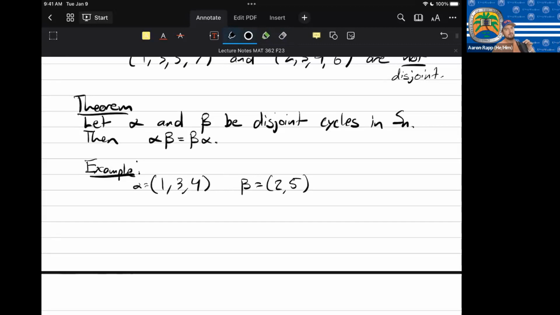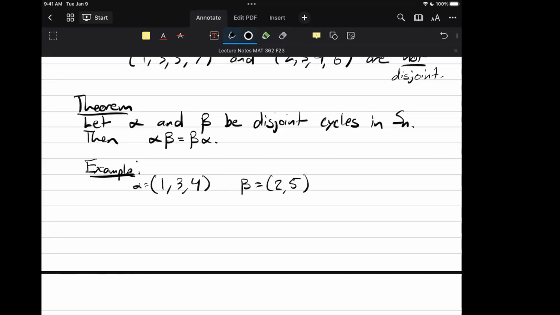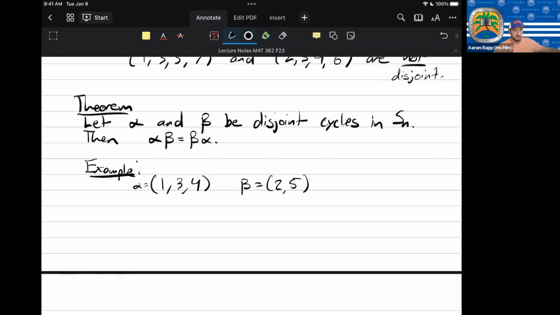What do I assume? What permutation group am I working in? S5. S5. So now I really only have 5 elements to work with that I can permute. But if I look at alpha beta, so composing these 2 cycles in the following way, it'll be 1, 3, 4, and 5.